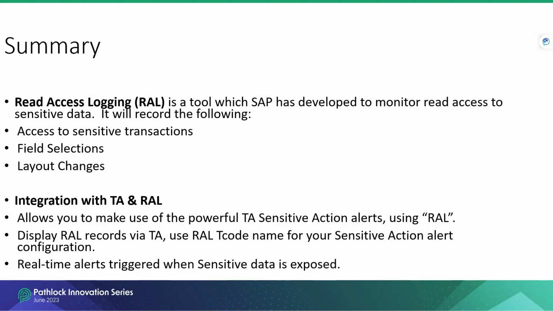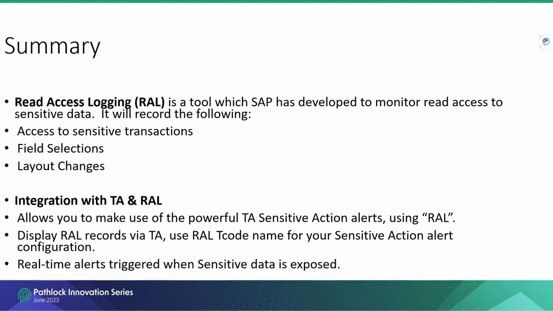On the integration of TA and RAL, we've worked with Pathlock, and this collaboration has been really useful. It's allowed us to build these sensitive action alerts to integrate with the RAL database tables for a particular user's activity.